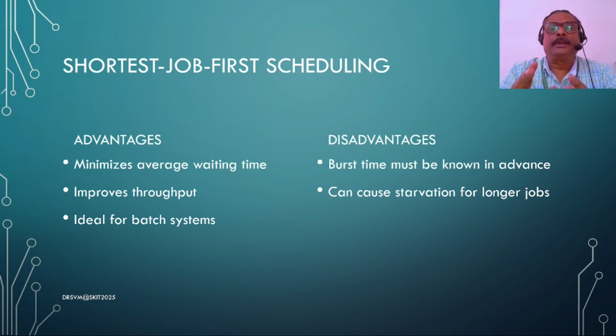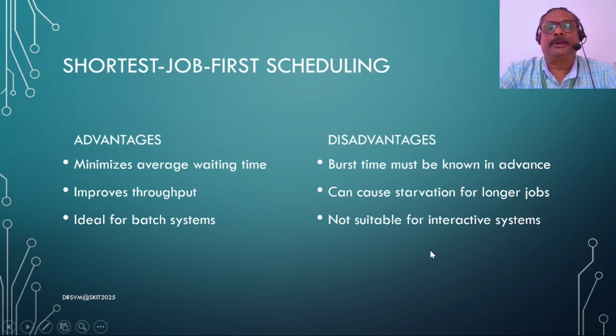But if we have a dynamic situation, as we just discussed few minutes back, then every time smaller jobs keep coming, then this big job which had come earlier keeps starving forever. So that's another major disadvantage we have with this, and it is definitely not suitable for interactive systems, because an interactive system is one where, when I press a mouse button, immediately I wish to see some reaction from the system, some changes on the screen and all that.